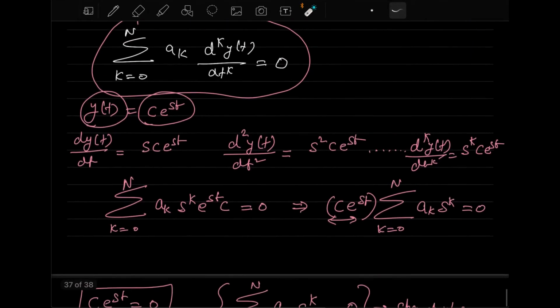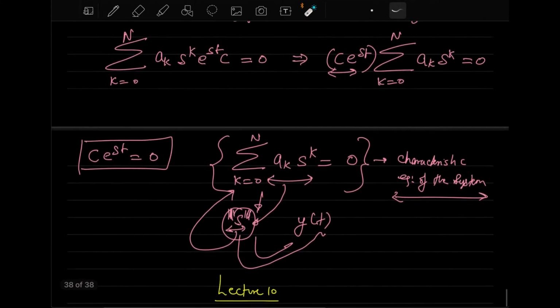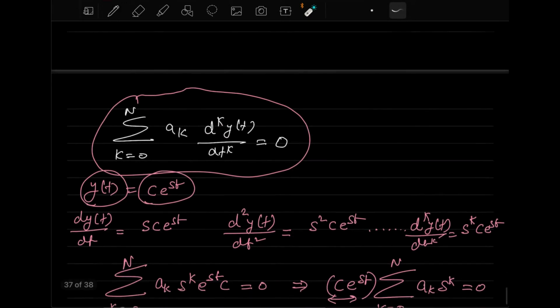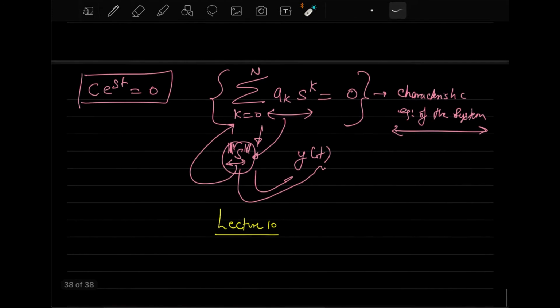So now we were seeing that you can represent this particular differential equation which is given over here in this format.